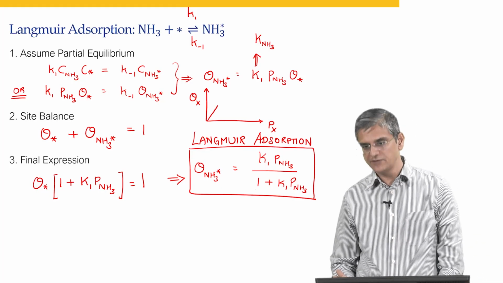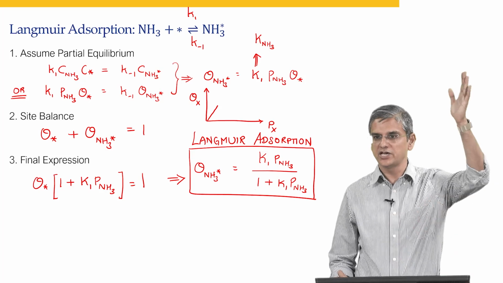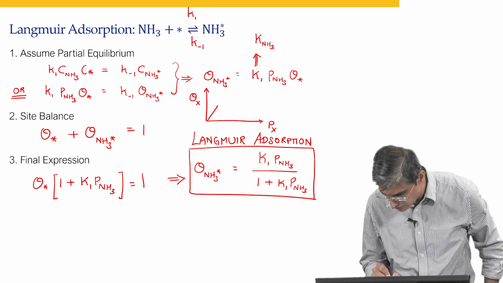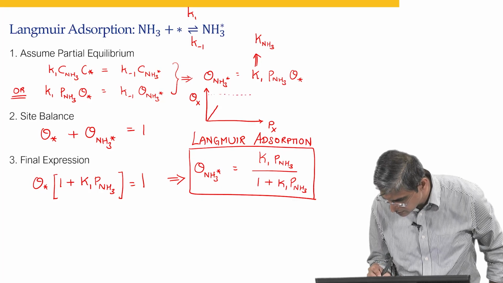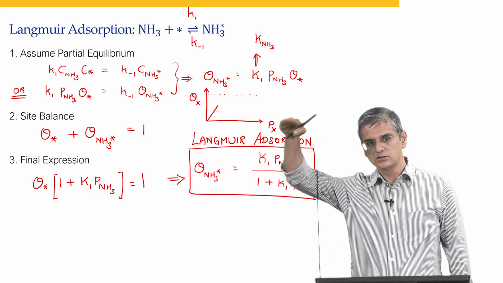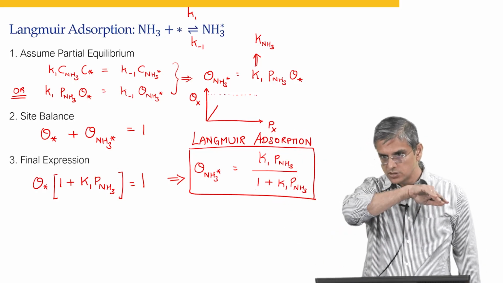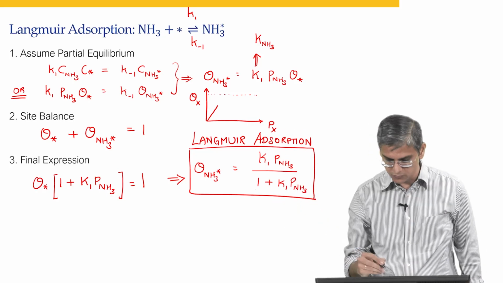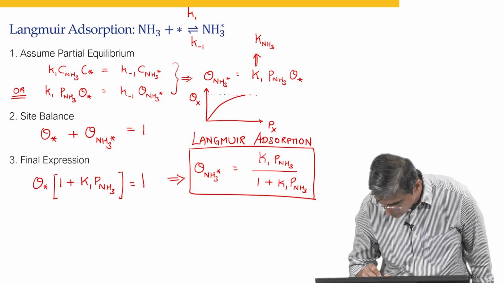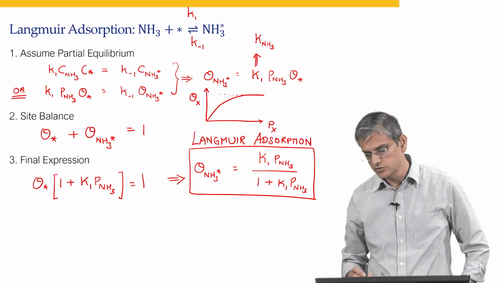At very large values of p, K1 pNH3 and K1 pNH3 cancel off, so it will level off at theta equal to 1. It will smoothly go from a slope of 1 to a value equal to 1. So, this curve is going to look like this.